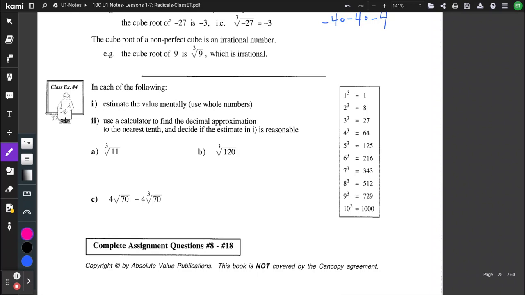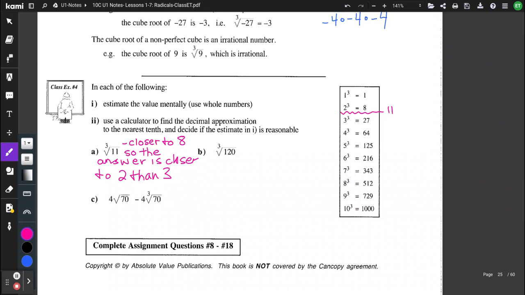So now we're going to estimate these just by looking at where they belong over here. If I look at the number 11, 11 is in between these numbers right there. 11 is closer to which number though? Well, it's closer to 8. So his answer will be closer to 2 than 3.